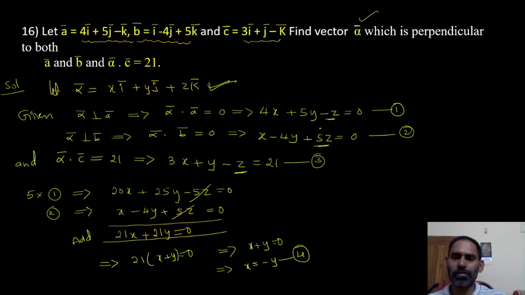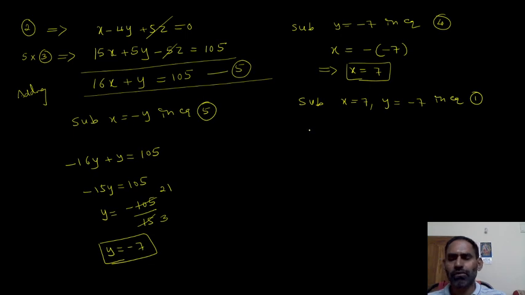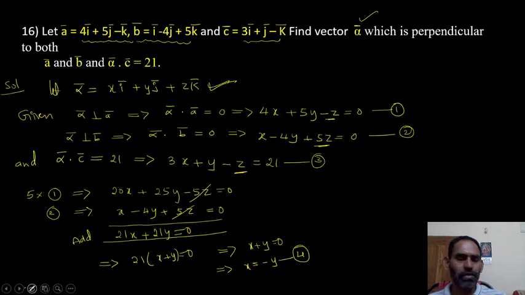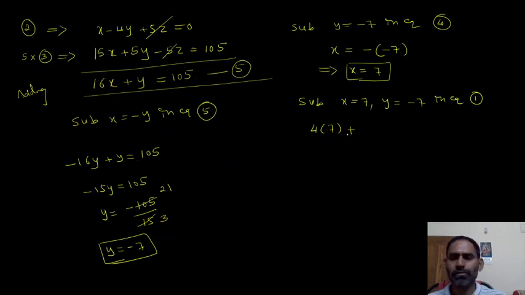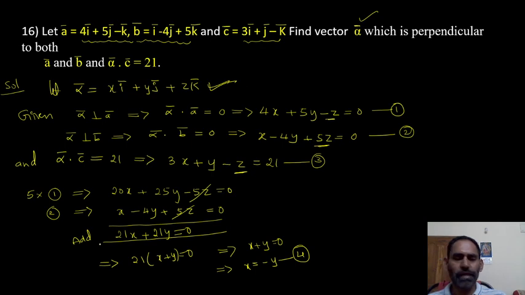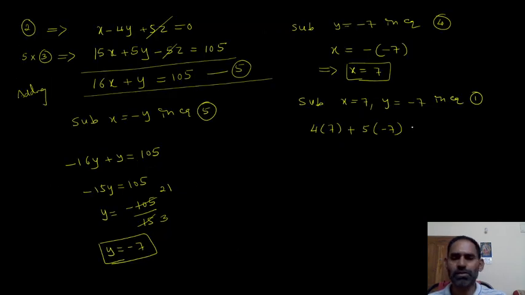4x plus 5y minus z, equation 1. 4 into 7 plus 5 into y value, which is minus 7, minus z equals to 0.